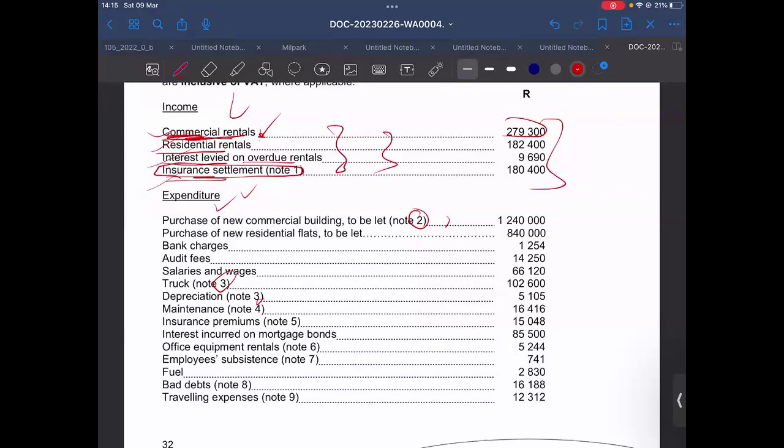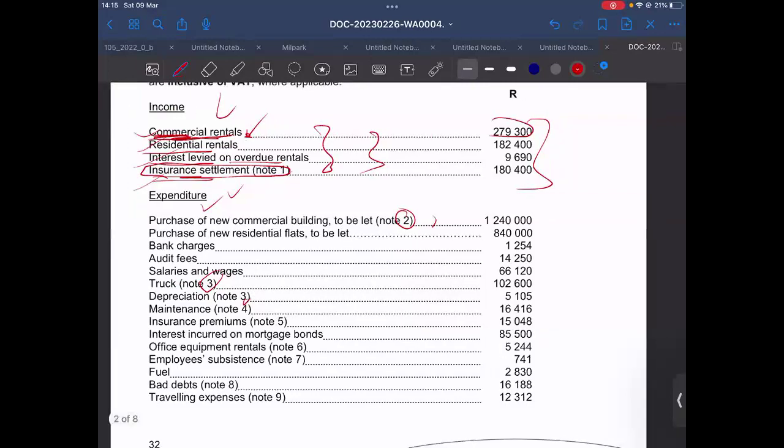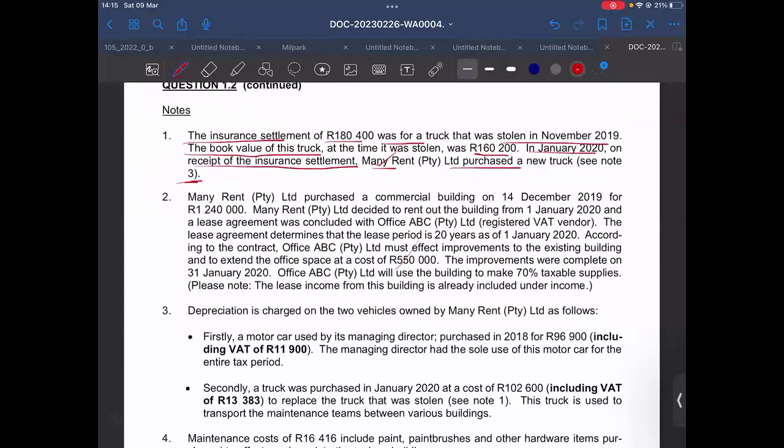Go through all your notes and look for fringe benefits. Students tend to skip fringe benefits when it comes to questions of this nature. Is there any car which was given to a director or not? Note number one, we've dealt with note number one, there's no fringe benefit. We go to note number two.